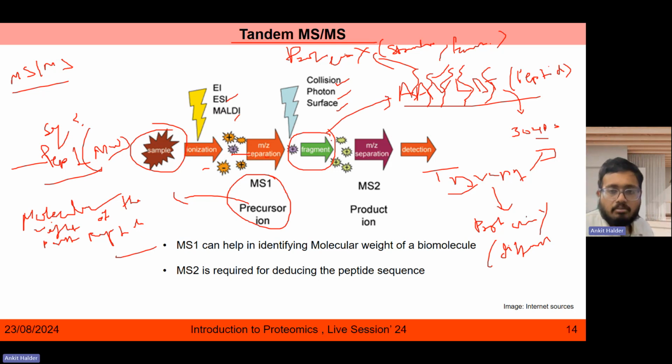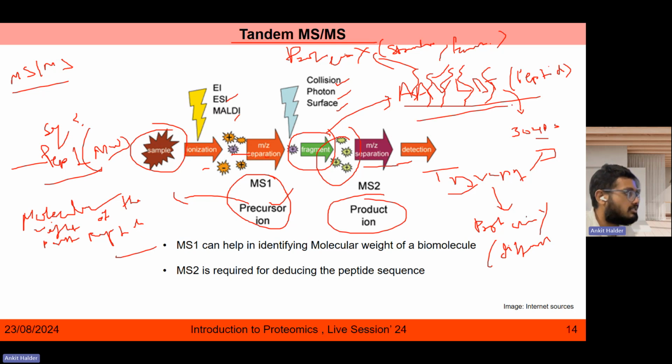Once we get the molecular weight, we further fragment it to get the MS second level of fragment ions, which are then taken for the M by Z separation and detection. So this is known as the precursor ion, and the fragments of those peptides are known as your product ions.